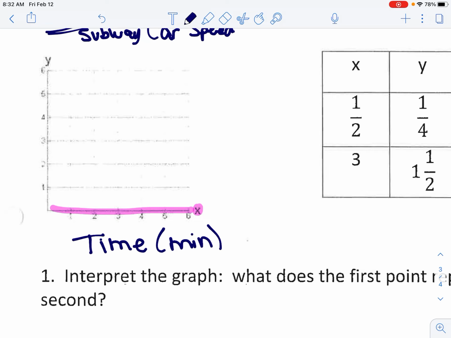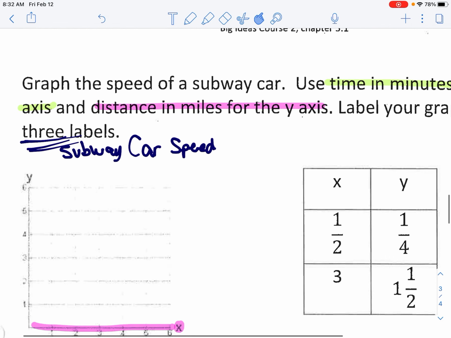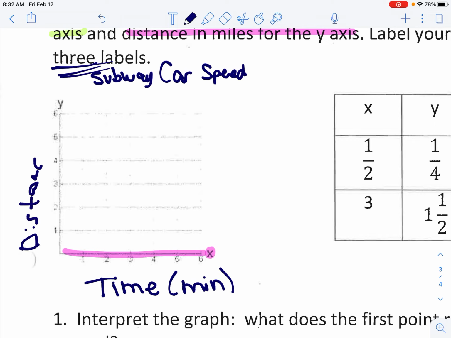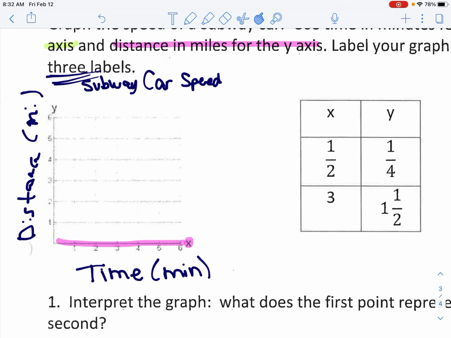Minutes, hours, seconds, days, weeks, etc. And then it also said to label your y-axis distance in miles. So we're going to do something similar. I'm going to put distance. And then in parentheses, that could be feet, yards, inches, but this says miles. So MI is the abbreviation for miles.